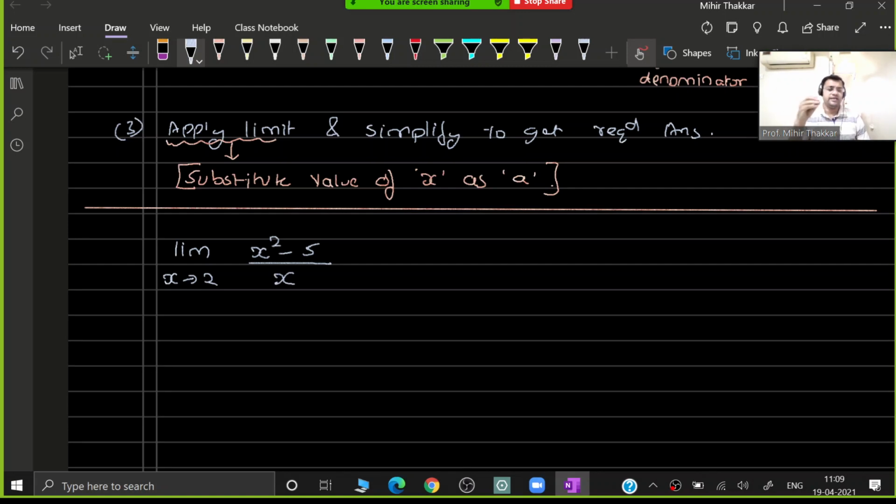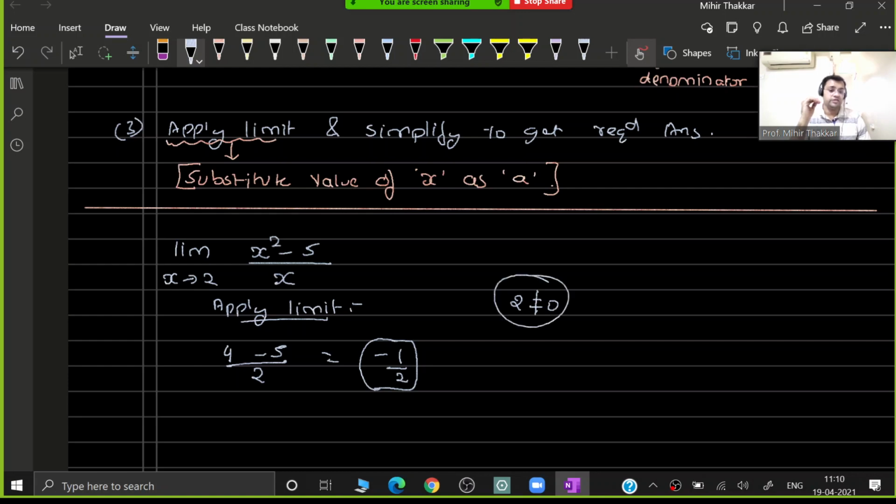In this case, if I substitute the value of 2 in place of x, applying limit, you will get the value as 2 square 4 minus 5 divided by 2, which gives me the value as minus 1 upon 2. So guys, because the value is minus 1 upon 2, this function does not become indeterminate because denominator is 2, which is definitely not equal to 0.